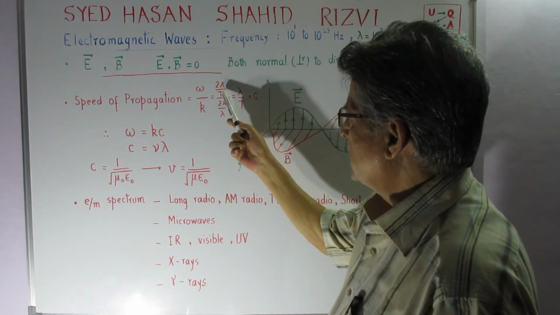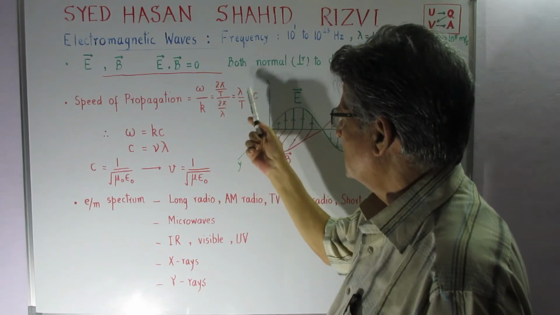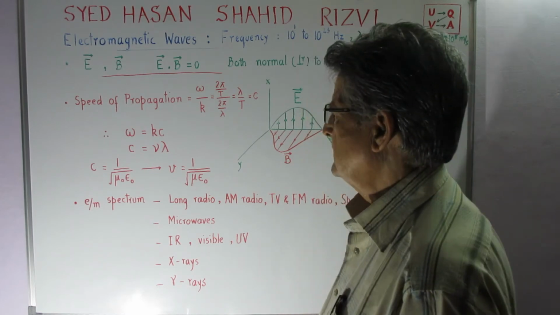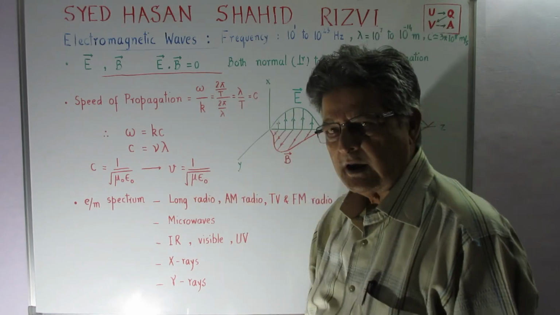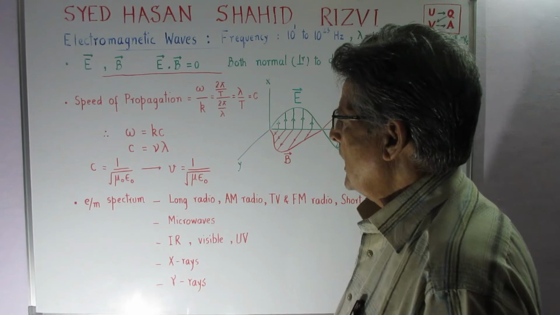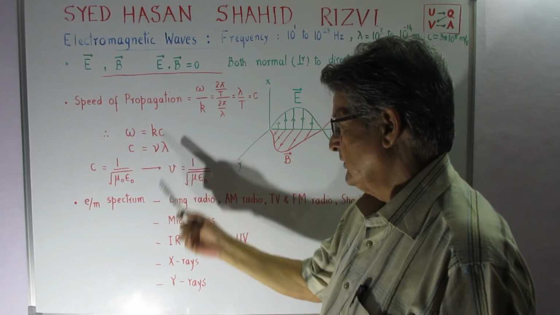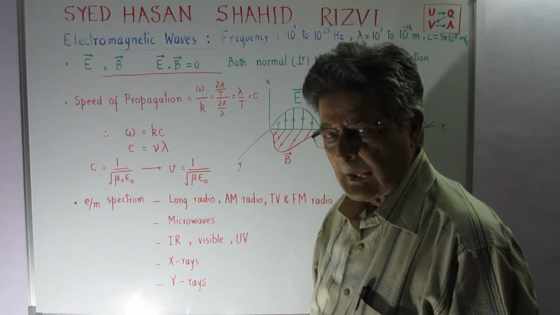So omega is 2 pi upon capital T and k is 2 pi upon lambda, and this becomes lambda upon T is equal to c. So I get a famous relation that omega is equal to k into the speed c, or the one which we also found in the case of sound waves, that c is equal to nu lambda.